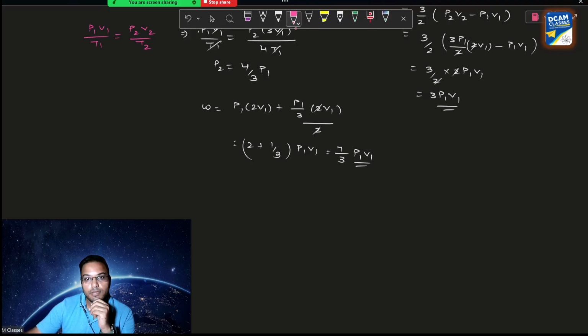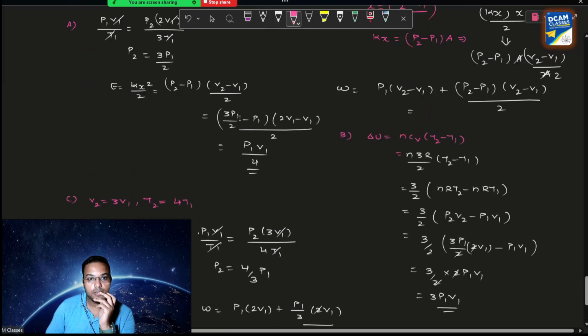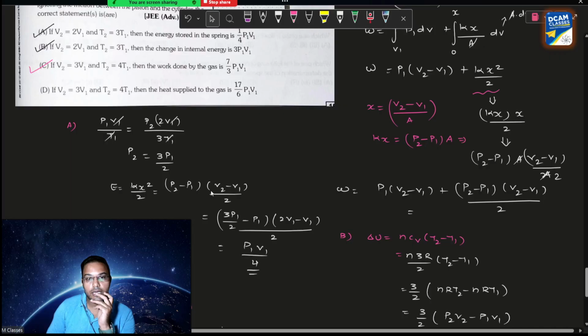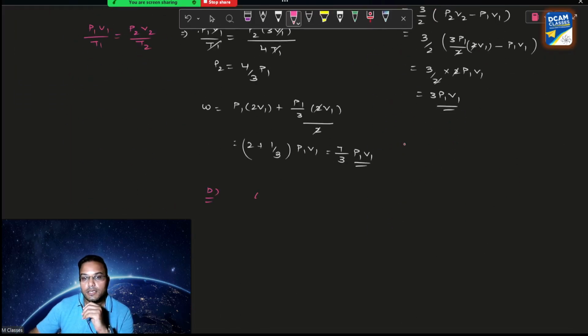Coming to option D, same case, heat supplied to the gas. Heat supplied is dQ equal to dU plus dW. dU is n into 3R by 2 into (T2 minus T1), and the work done is 7 by 3 P1 V1.